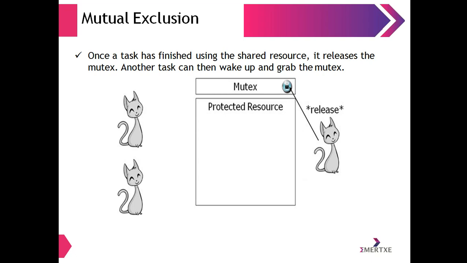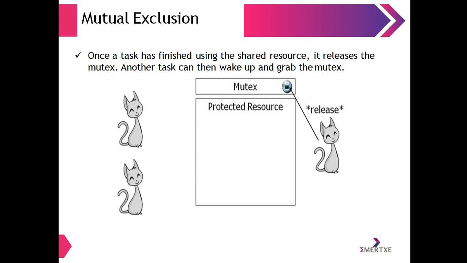After completion of the task, the protected resource has been freed up and the task has released the mutex token. Now suppose these two tasks want to grab the token. In this mutual exclusion, a problem occurs known as the deadlock. How does it occur?